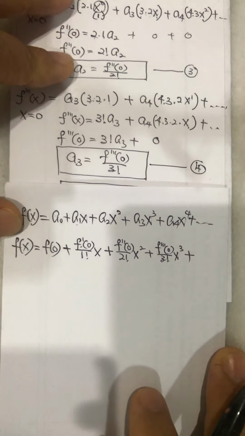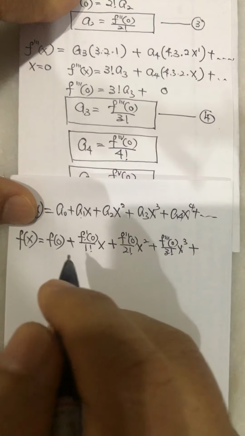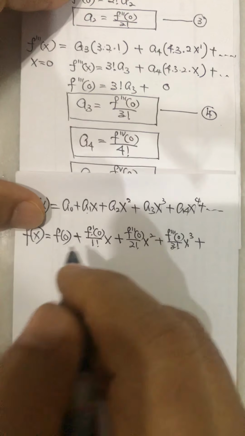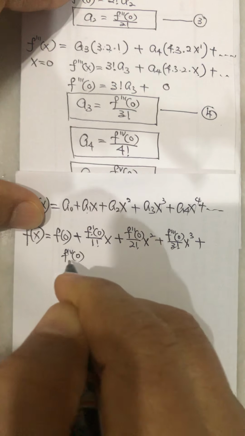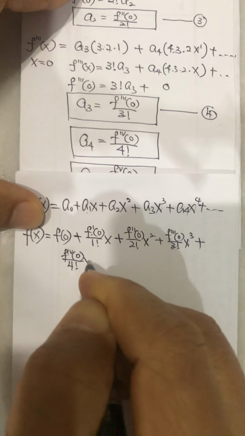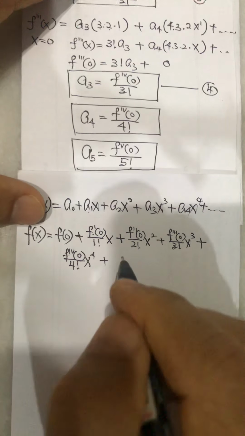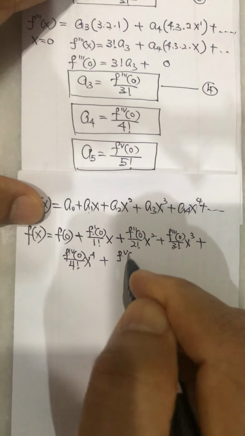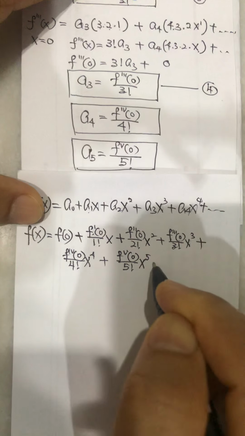Okay, then what is your a4? a4 will be the fourth derivative, substitute 0, over 4 factorial x to the fourth. Okay, and of course, what is your a5? The fifth derivative over 5 factorial x to the fifth, and so on.